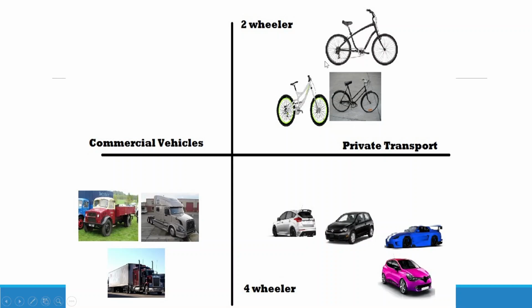Two-wheeler private transport, bicycle will be there. Private transport with four-wheeler, the private vehicles will be there. Commercial vehicles with four-wheeler, the commercial vehicles will be there. So basically, we can say that factor analysis is a dimension reduction technique.